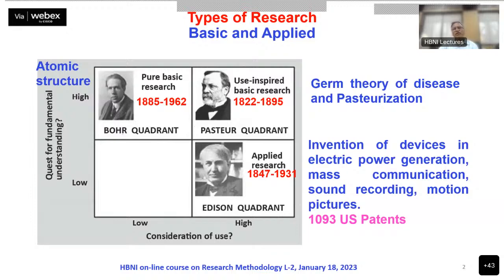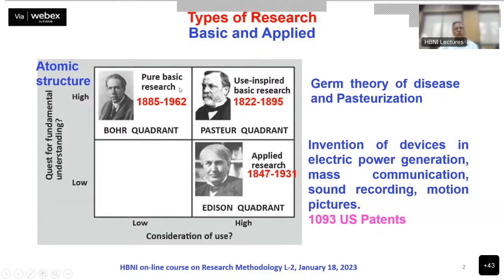So Louis Pasteur is credited with this quadrant called use-inspired basic research. That means you have something in your mind, you want to solve some problem, but you start with the fundamentals. You do basic research towards understanding the phenomena that lead to that process, and then suggest the remedies or solutions to solve that problem. So this is the ideal quadrant for a researcher.